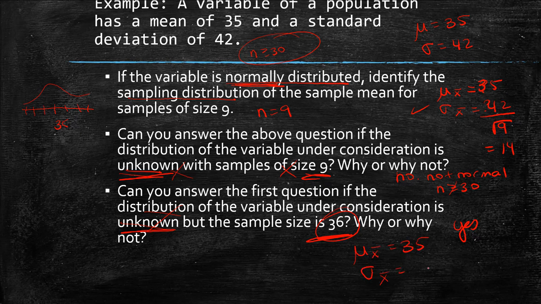And sigma of x bar would be 42 over the square root of 36. The square root of 36 is 6. 42 divided by 6 is 7. So you can see our distribution has gotten smaller from a sample size of 9 to a sample size of 36. It went from 14 to 7.